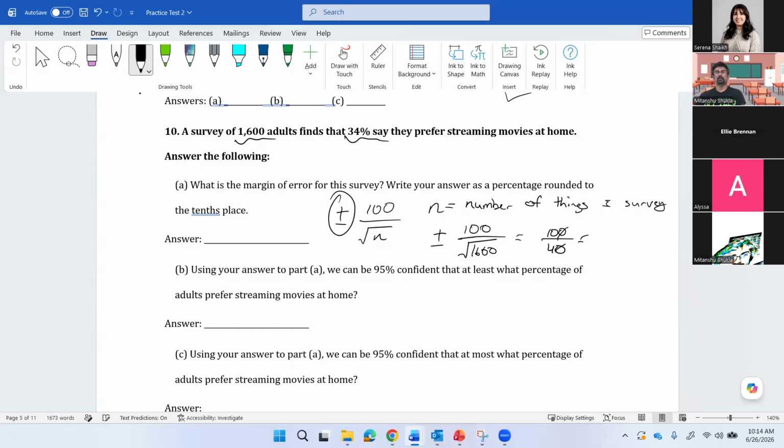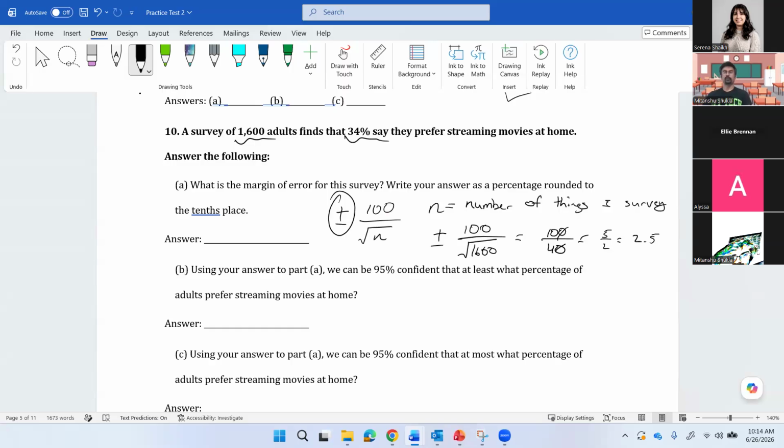And y'all please help me do this math here, okay? 5 halves, which is 2.5. Did I get that? Is that what we get? 2.5. Right on.